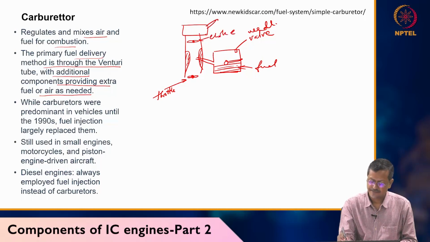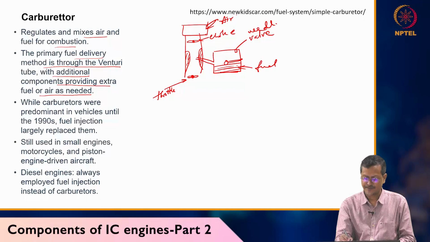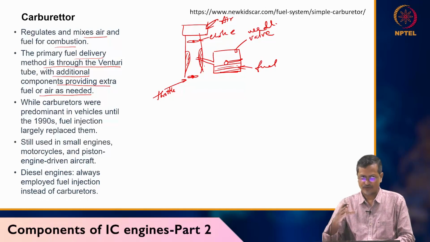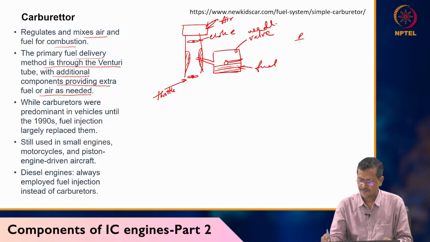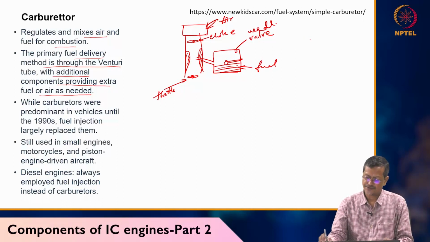Air will be entering. Air is coming through this small restricted path, and because of the restricted path your pressure will go down. Why? Because of Bernoulli's equation: the flow rate will be the same, but velocity and pressure are inversely proportional.